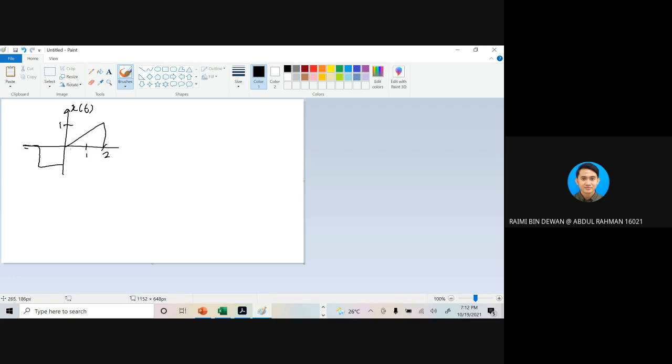This one is obviously zero. I always remind my students to make it a habit to write zero here, the origin. Then you have -1, then -2, then -1. So this is your x(t), your original signal.